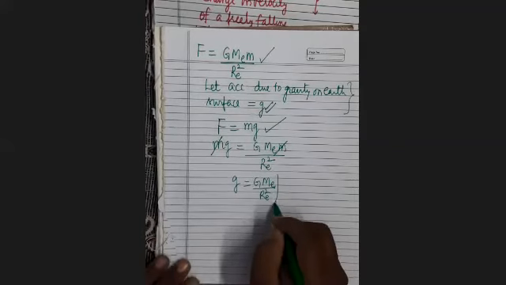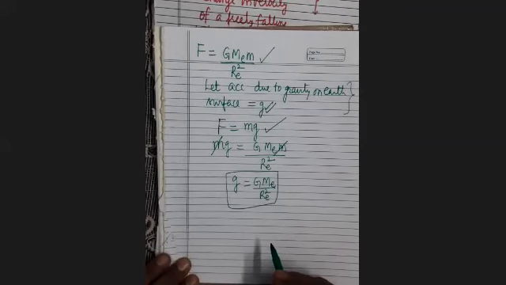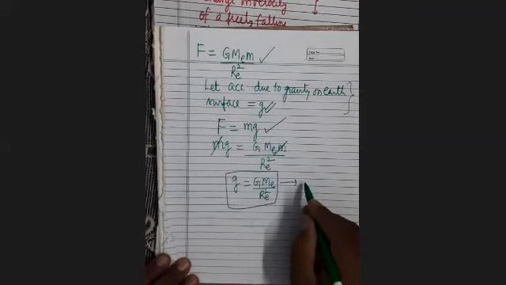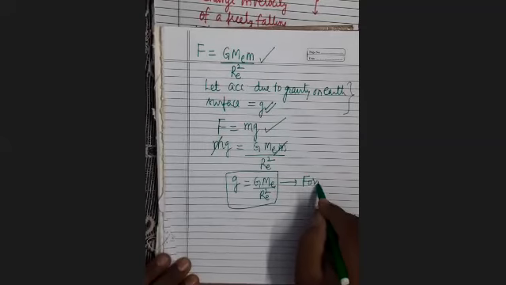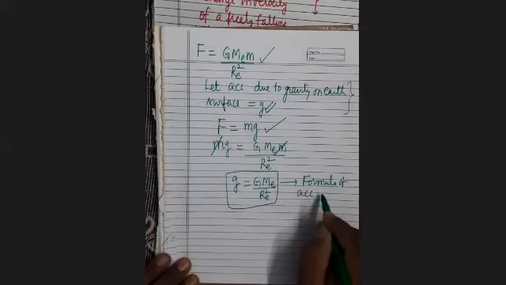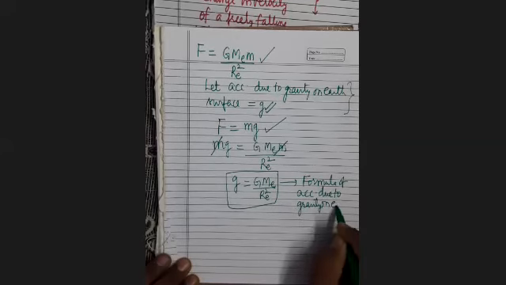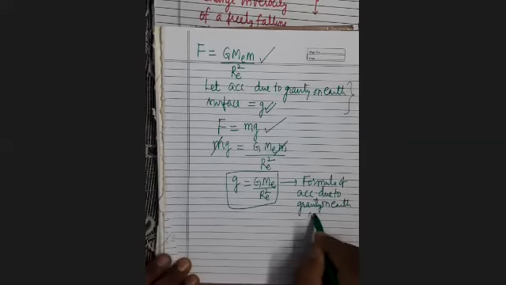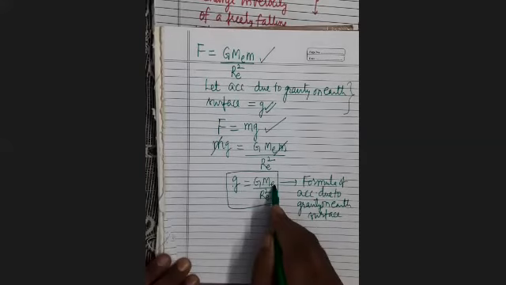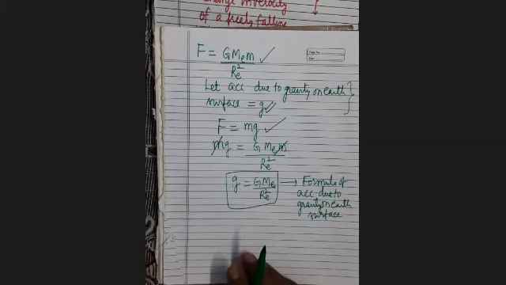It's clear? This is the formula of acceleration due to gravity on Earth's surface. It is proportional to the mass and inversely proportional to the square of Earth radius.